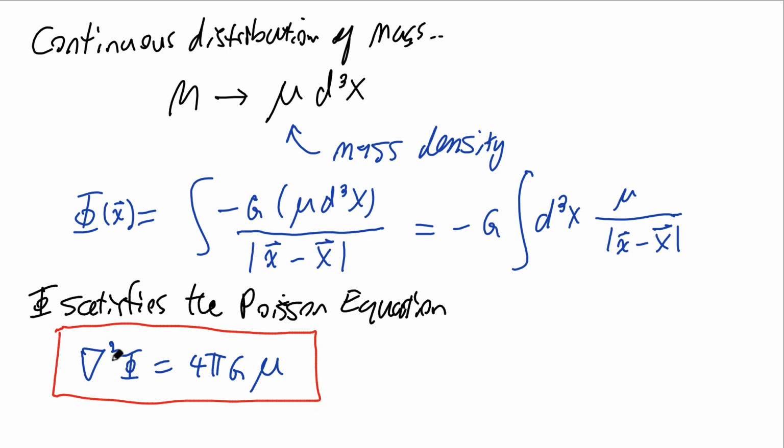In our case, phi is the gravitational potential due to a mass distribution with mass per unit volume, mu, and the force exerted on a particle, little m, is equal to minus little m times the gradient of that potential.